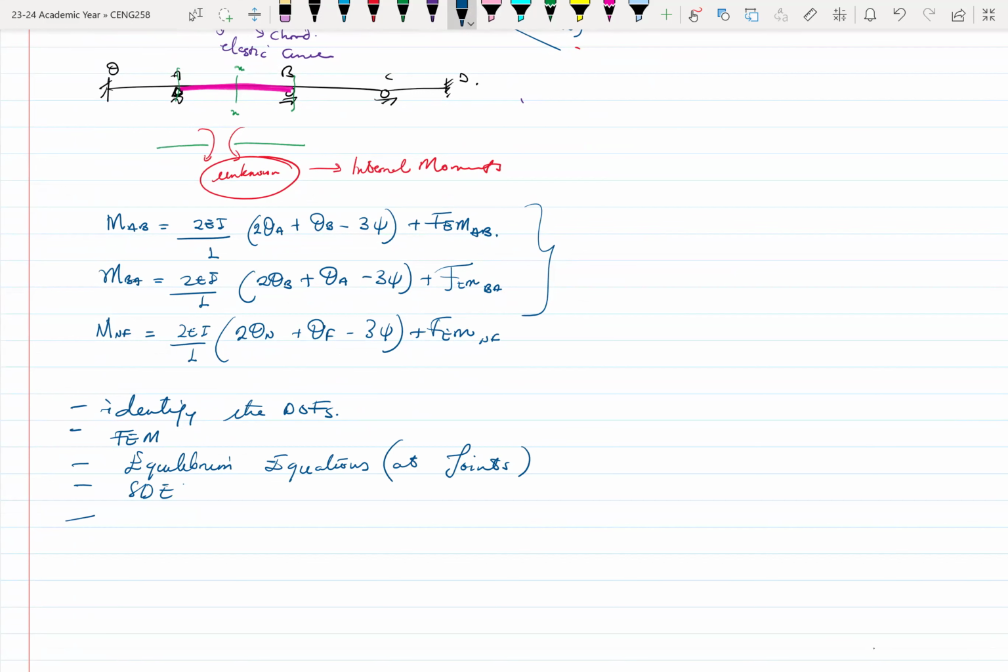Together with the equilibrium equations, you are able to determine the displacements or the deflections, and you find your end moments.